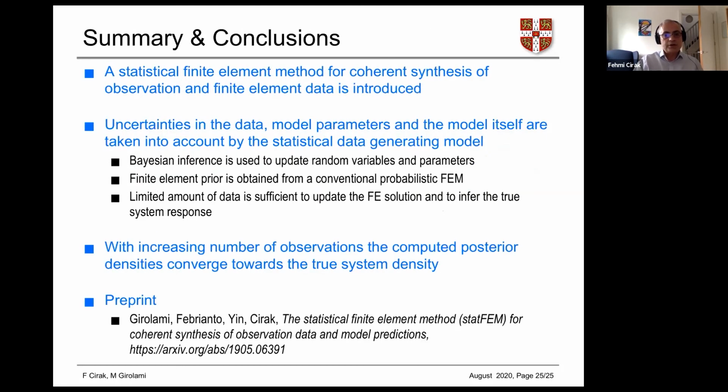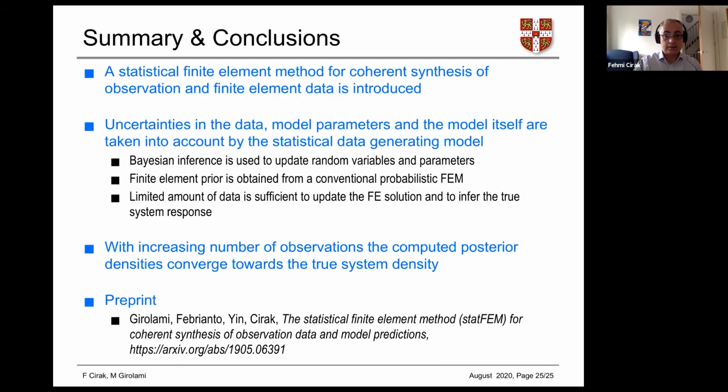Okay, so this essentially concludes my presentation, and I just want to briefly summarize. We introduced the statistical finite element method, which allows us to coherently synthesize observation and finite element data.